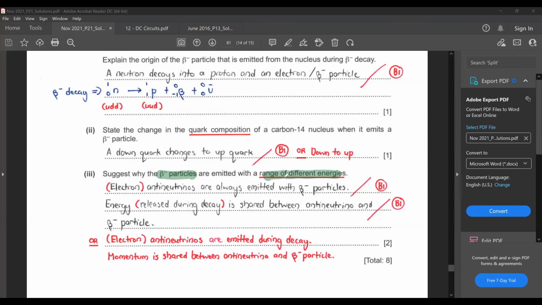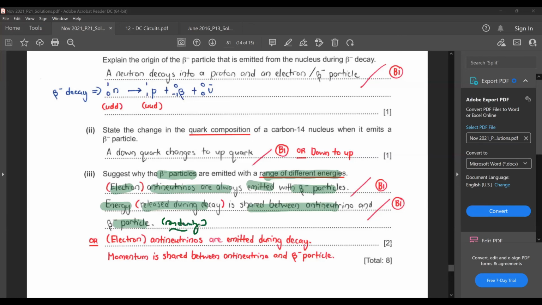The standard answer is this: beta minus particles are always emitted with their electron anti-neutrinos. Whatever energy is released during the decay is shared between the anti-neutrino and the beta minus particle randomly.